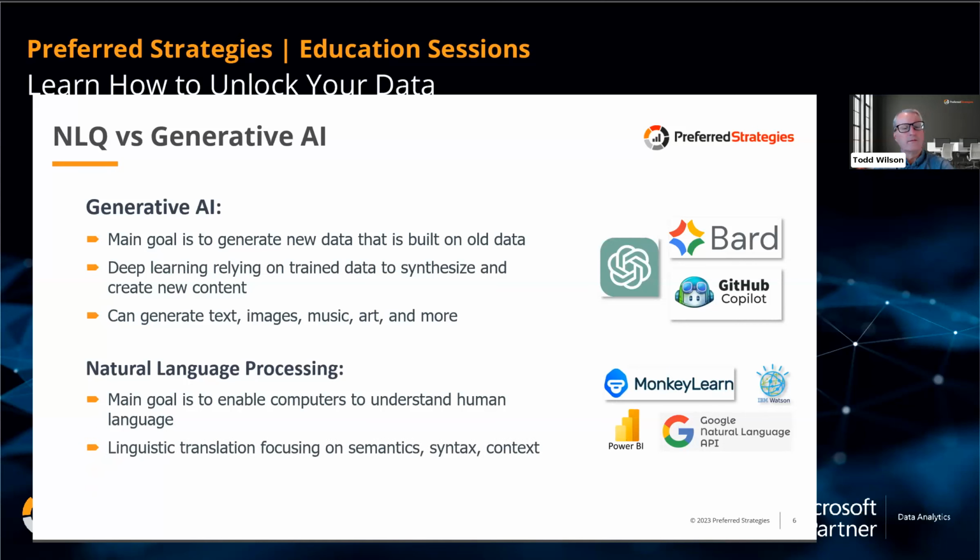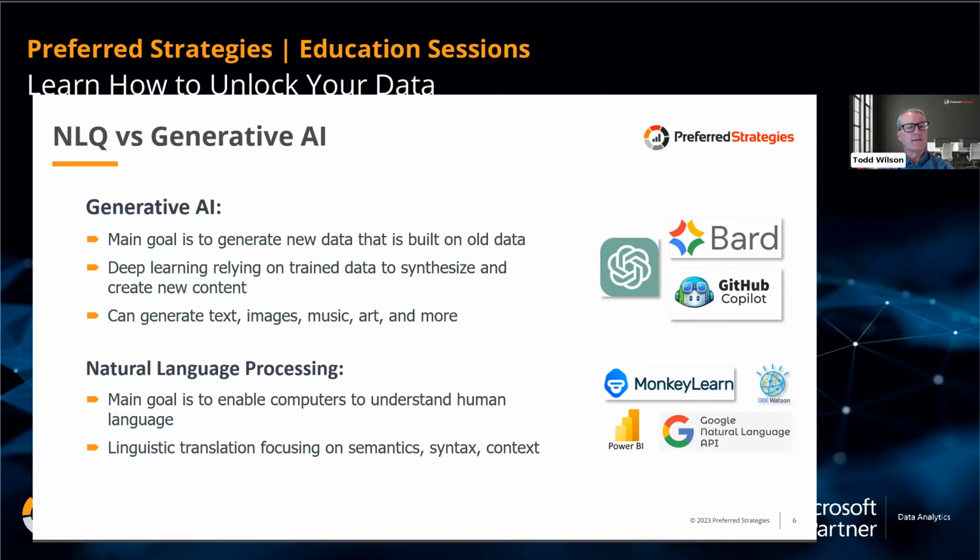It also includes the linguistic translation that focuses on the semantics of the query that's being made, the specific syntax that is extending now into multilingual, and the context of it. And we'll look at a couple of examples here in a minute, how sometimes that doesn't exactly give you the result that you may have expected.